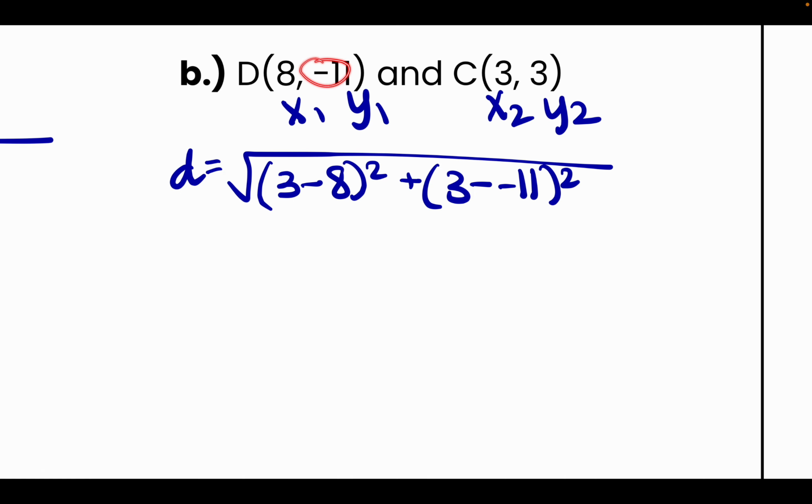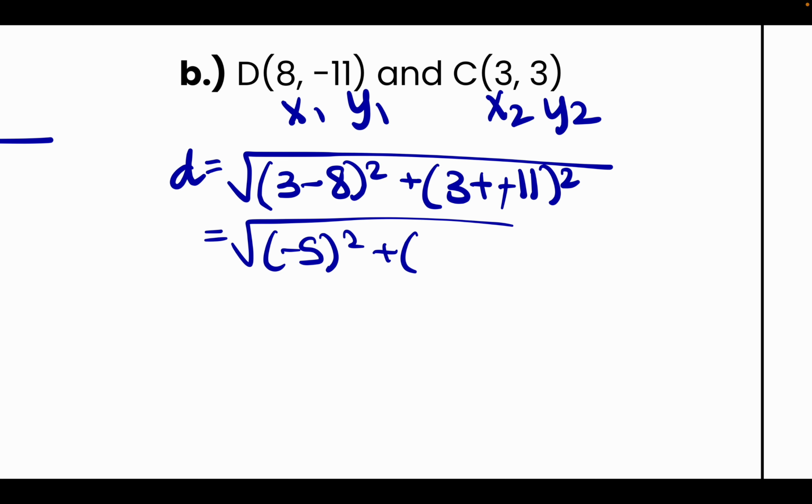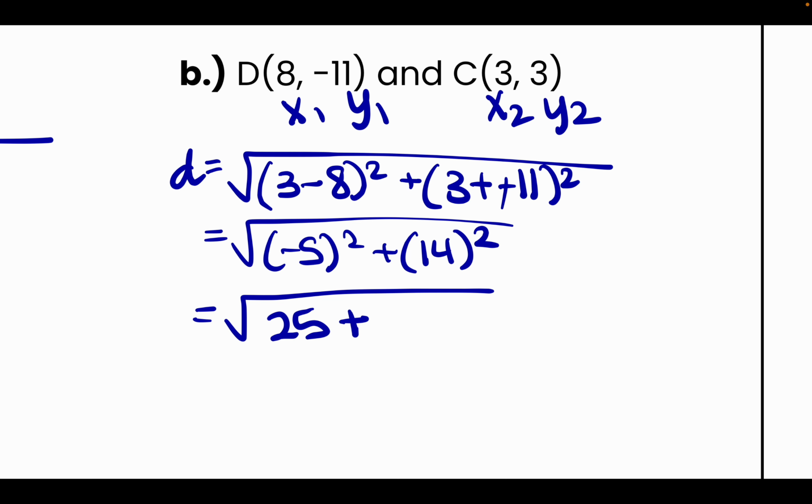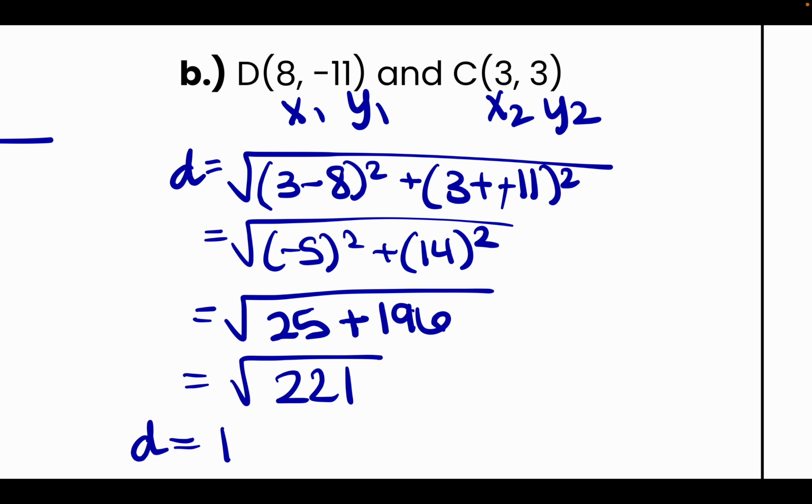Be careful with your negatives. So we have negative 5 squared plus 14 squared. Because the negative 5 is in parentheses, this turns into a positive 25 and a positive 196. Add those together, we get 221. Take the square root, so our distance is 14.9.